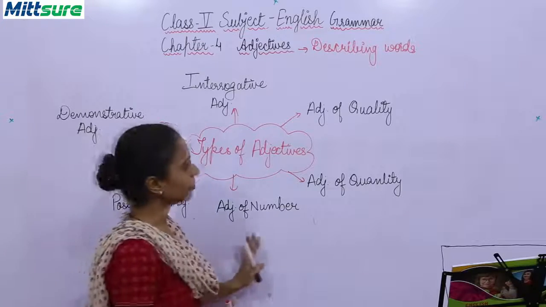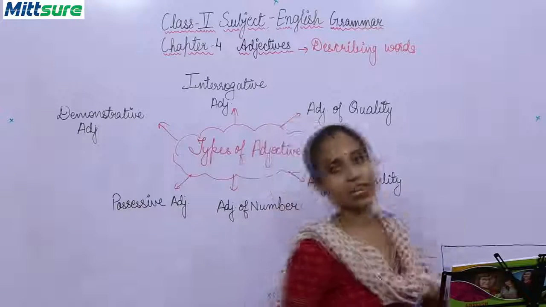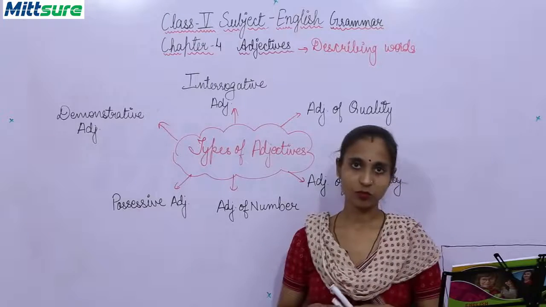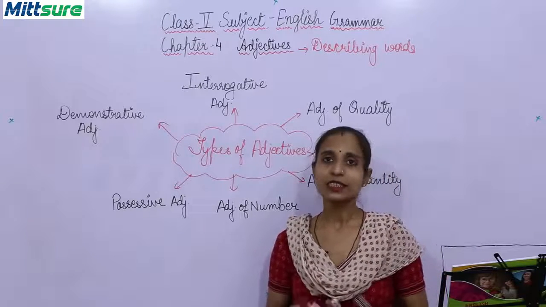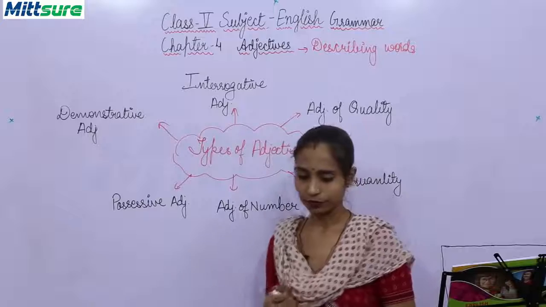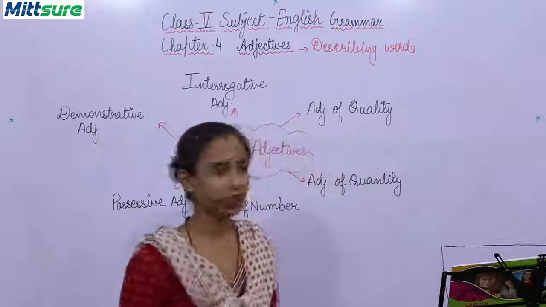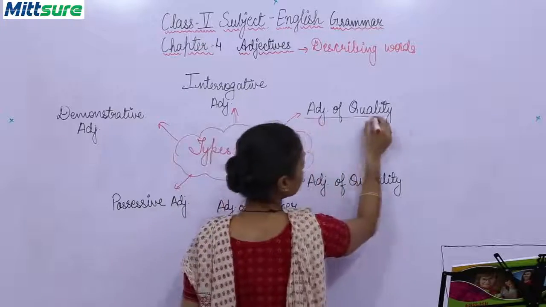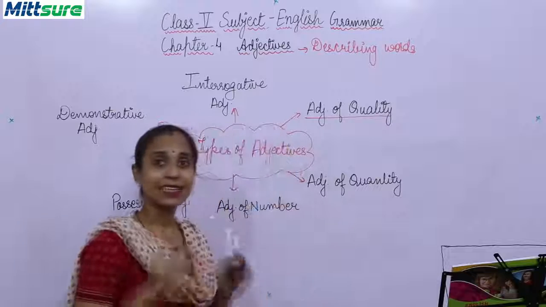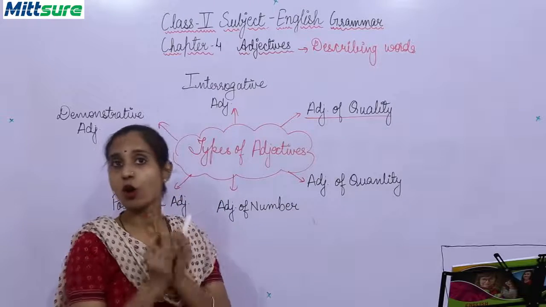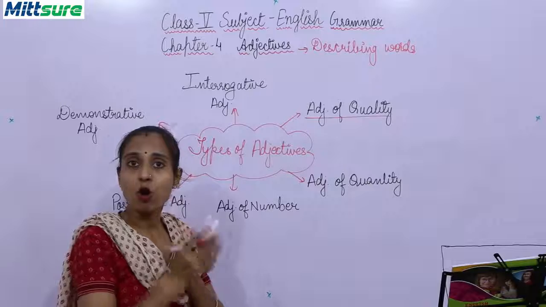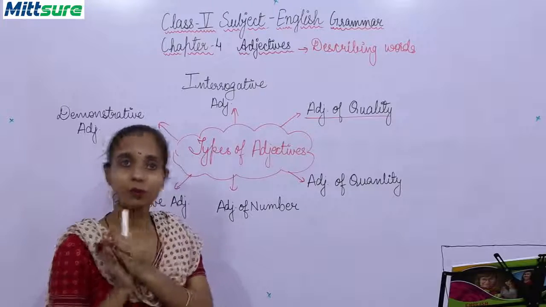Alright, so the first adjective is adjective of quality. Now children, what is adjective of quality? Adjective of quality always tells you about the characteristic or the looking of the noun or a pronoun.